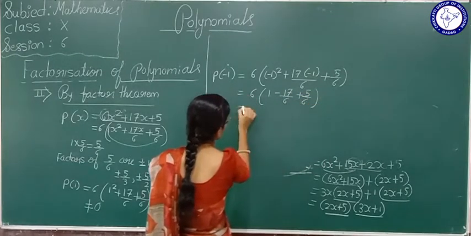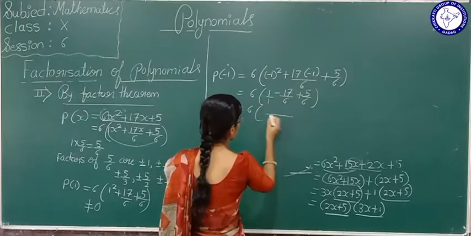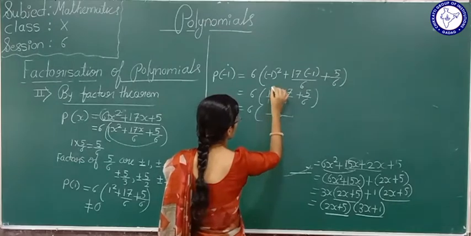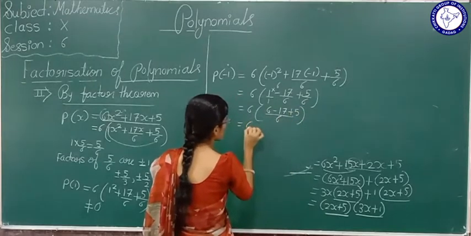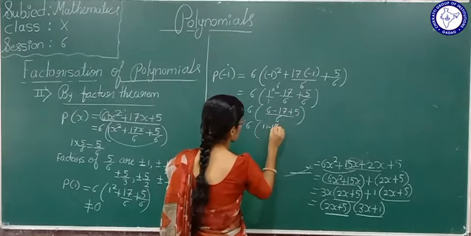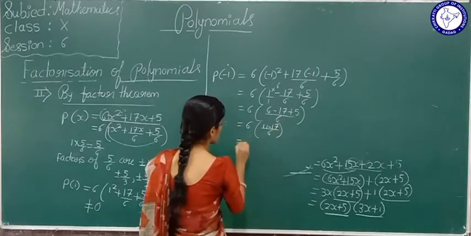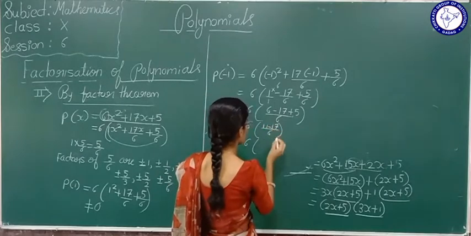Here the LCM will be 6. 1 is 6, 6 minus 17 plus 5. 6 plus 5 is 11. 11 minus 17 by 6. 11 minus 17 is how much, student?